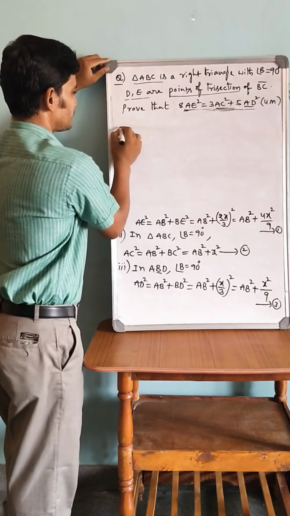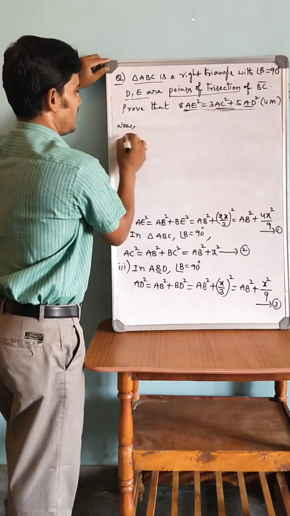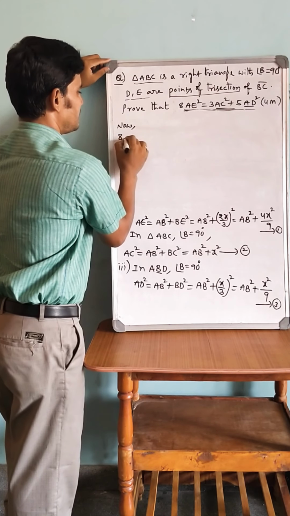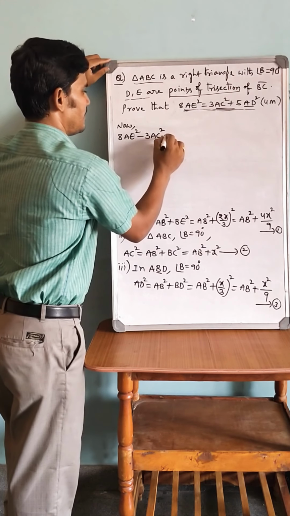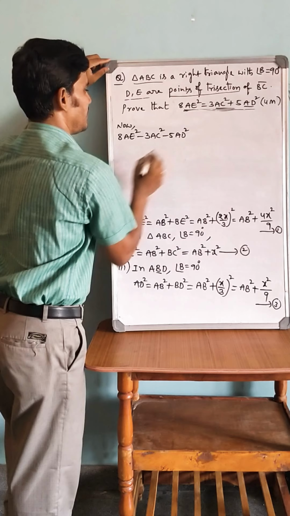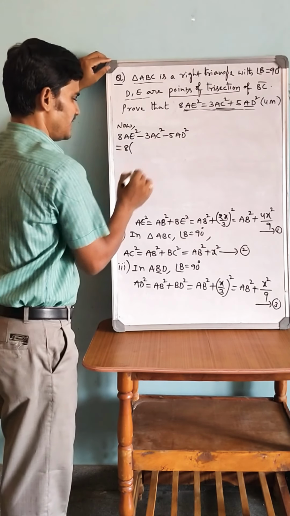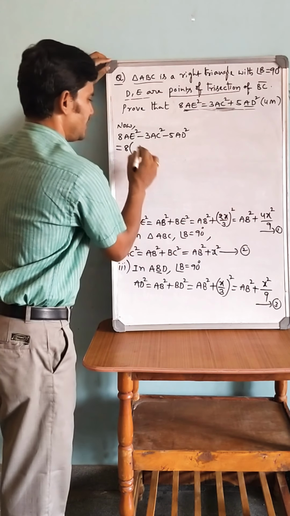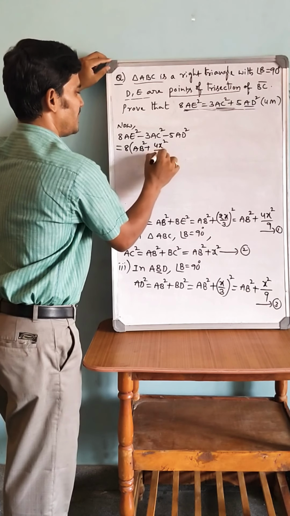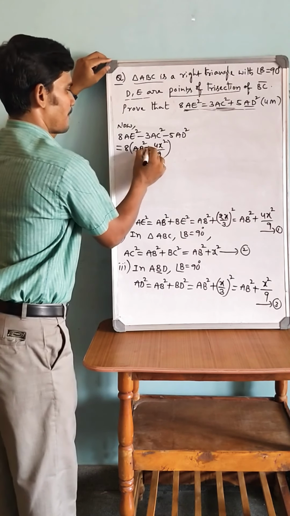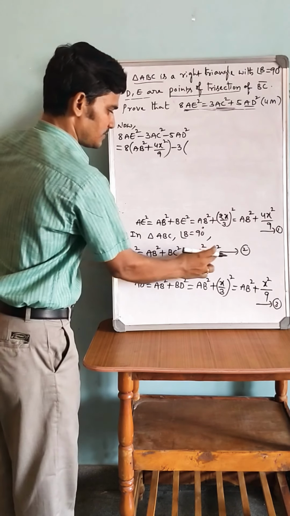See, now I would like to take all the things in LHS: 8 AE square minus 3 times AC square minus 5 times AD square. What is its value? Let us see. 8 times AE square. What is AE square? AB square plus 4x square by 9, minus 3 times AC square. What is AC square?